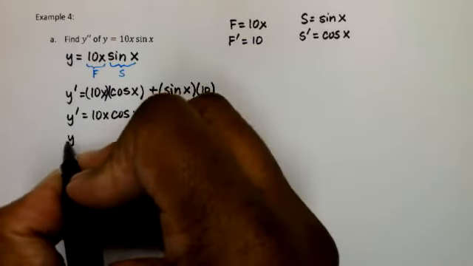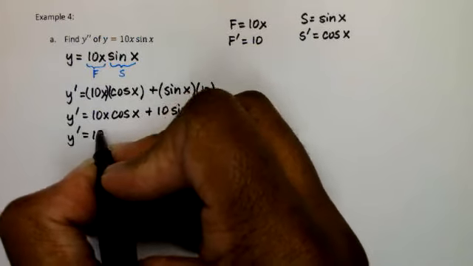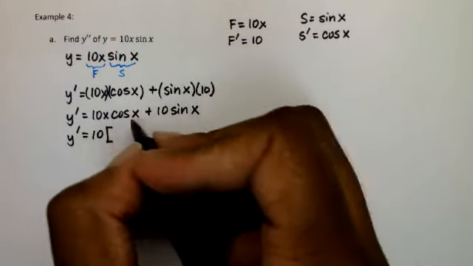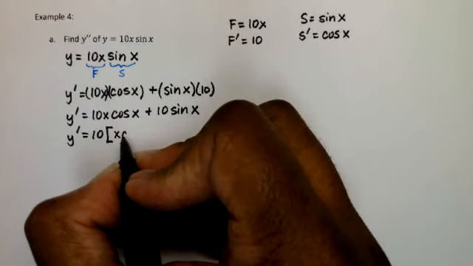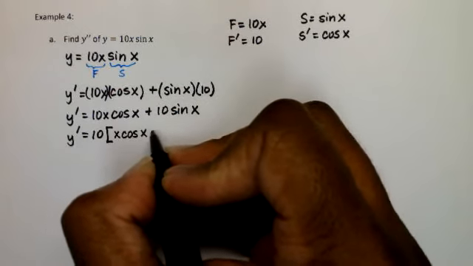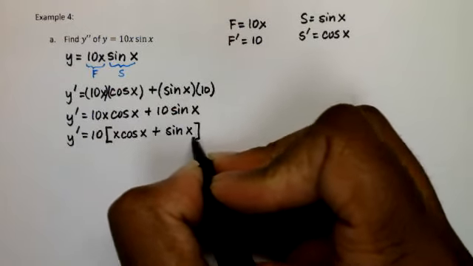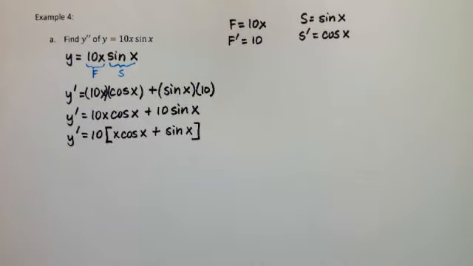And here I can factor out the 10, because that's in both of the terms. If I do that, I will be left with 10 times x times the cosine of x plus sine of x.